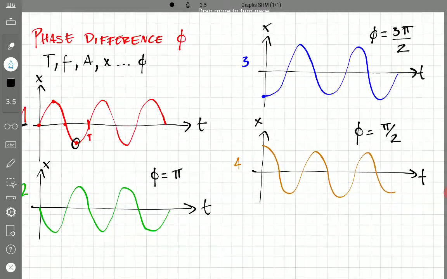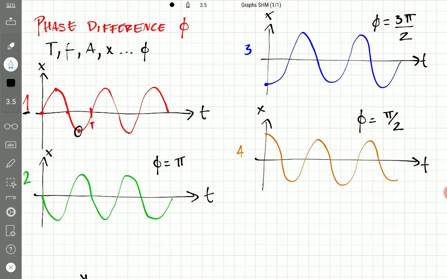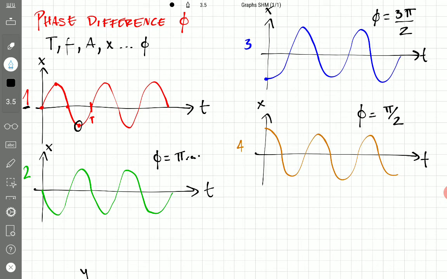So every time you have to compare two graphs, you will describe that not by referring to the period, but by referring to the radians. So all these are radians: 3 pi over 2 radians and pi over 2 radians. What would happen if I take a graph and draw it with a phase difference of 2 pi radians? Think about it.